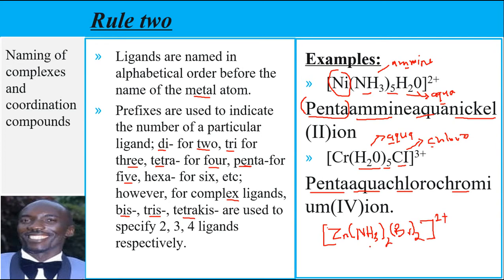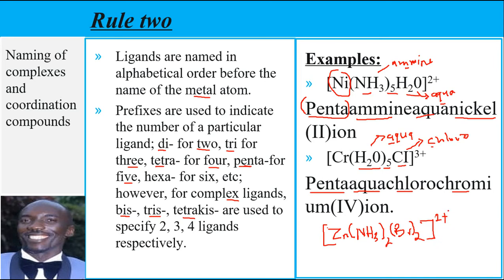So this would be, here we have a bromide and also an amine. Meaning that an amine comes before a bromide. This is A, this is B. So we would say there are two diamine, then followed by dibromo, zinc.